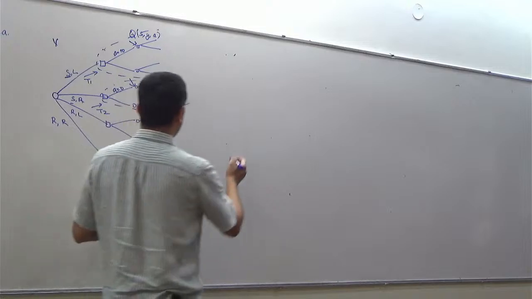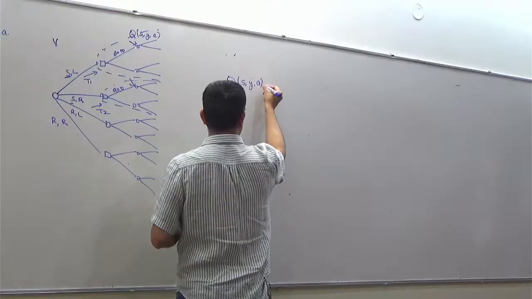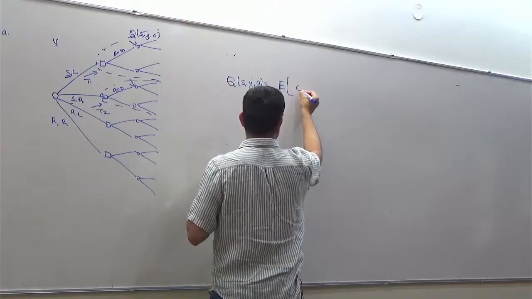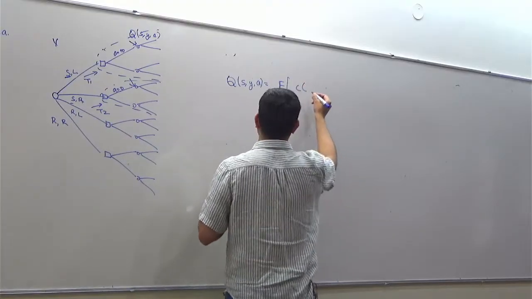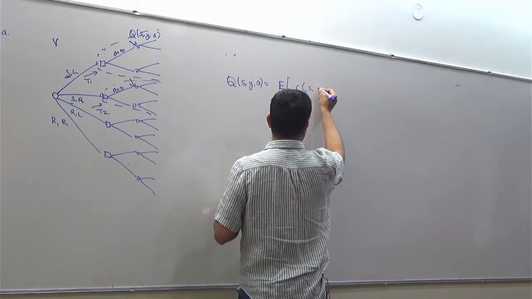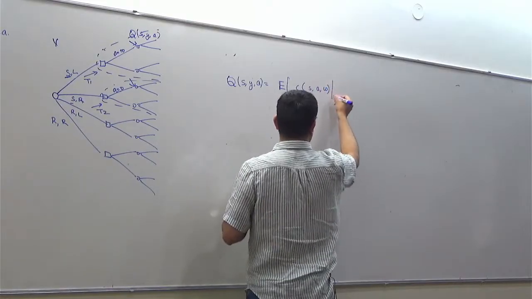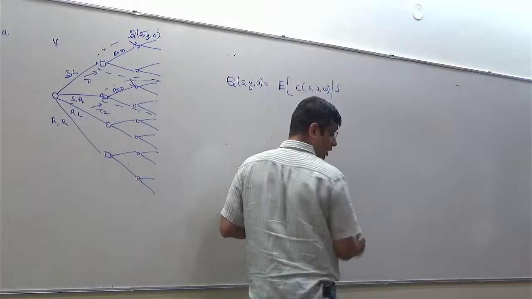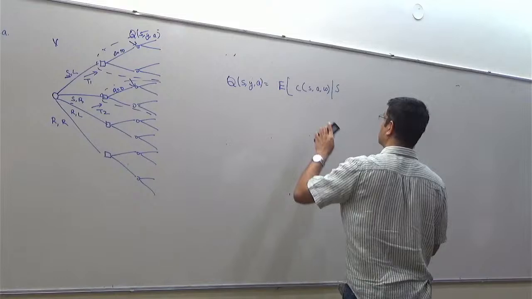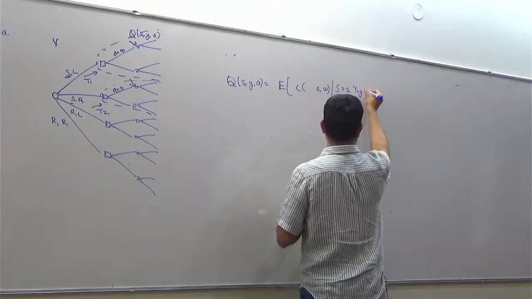So what I'm saying is, if I compute Q of S, Y, and A to be expectation of, and just for consistency of notation, I'll switch back to a cost thing just because I want to do a proof. I'll say this was a cost which depended on S, A, and W. Y does not impact the cost. I have a cost of A and W, given S equal to s, Y equal to little y.